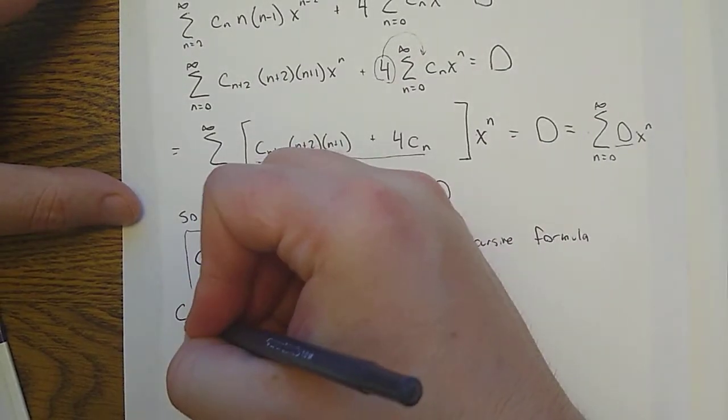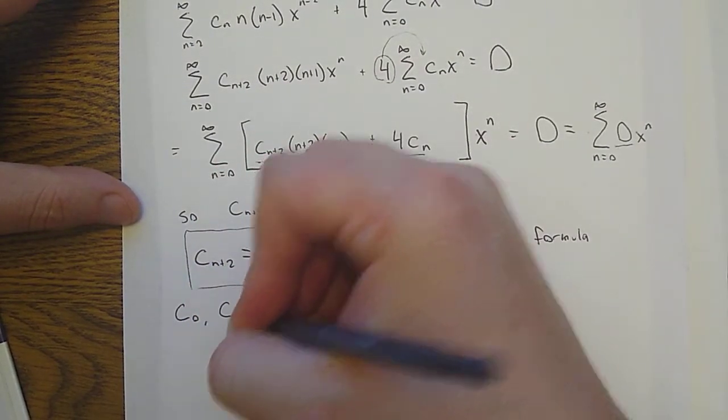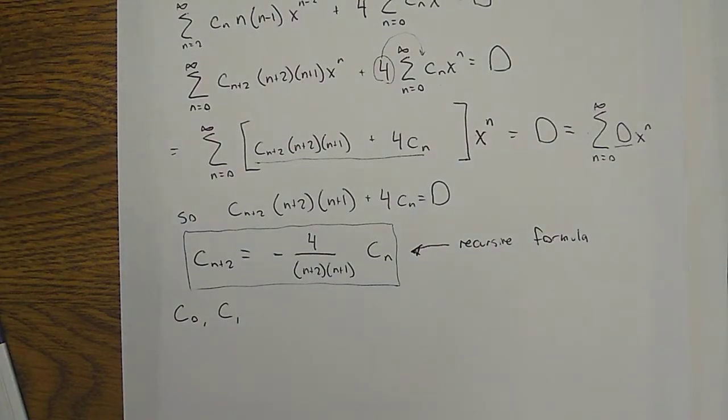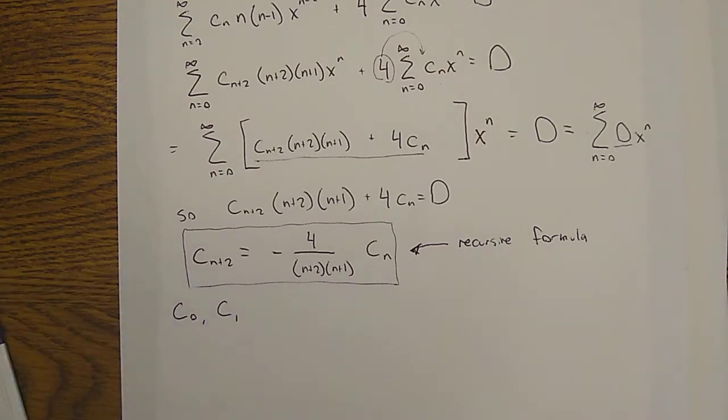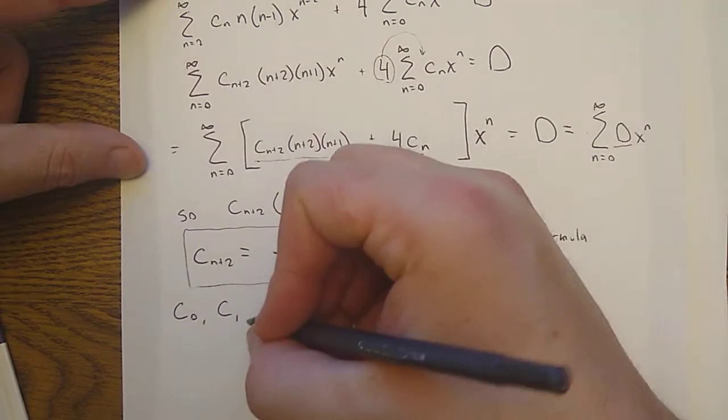So this formula isn't going to tell us c0 or c1. In order to find c0, I would have to know c of negative 2. And in order to find c1, I would have to know c of negative 1. So those are just whatever they are.